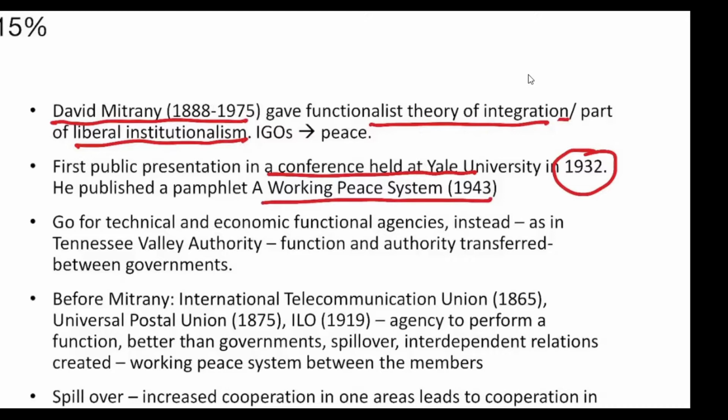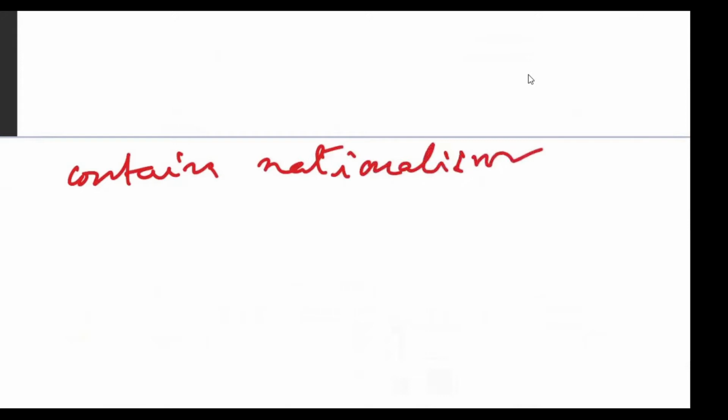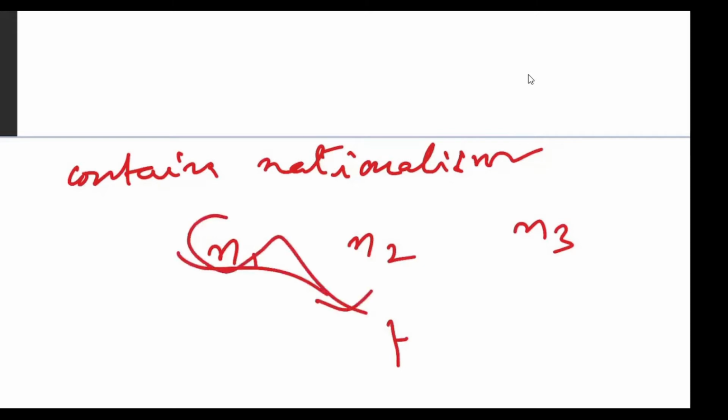So Mitrani was proposing it in terms of how to prevent war, or you can say how to contain nationalism, which was responsible for World War I. Mitrani thought there should be certain technical functional agencies which are doing certain functions related to all the nations.